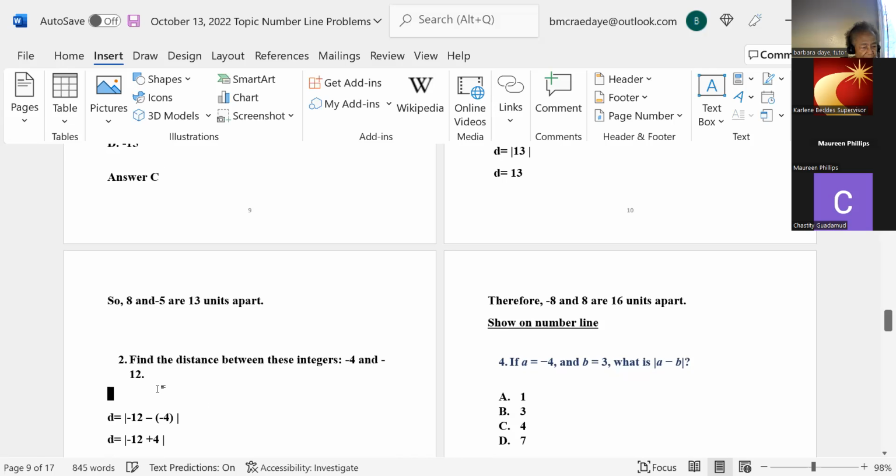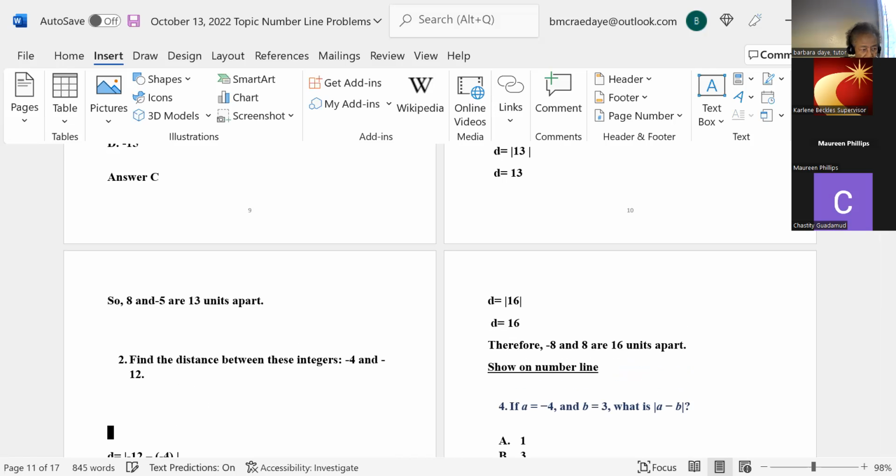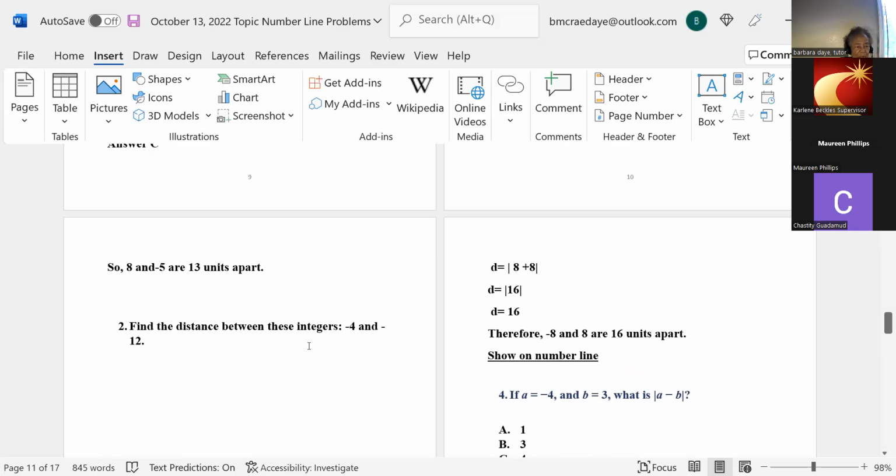Okay, let me just put this one. I don't want to put the answer here. Now, Maureen, find the distance between a -4 and a -12. Put that there. Okay. What would you say the distance is?